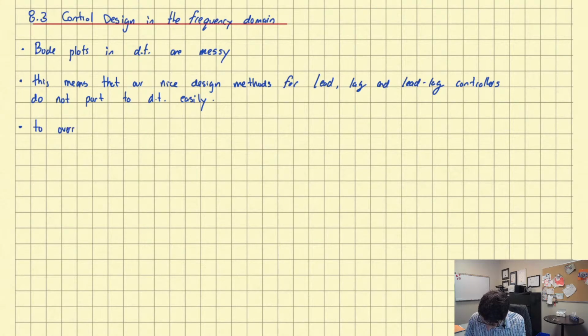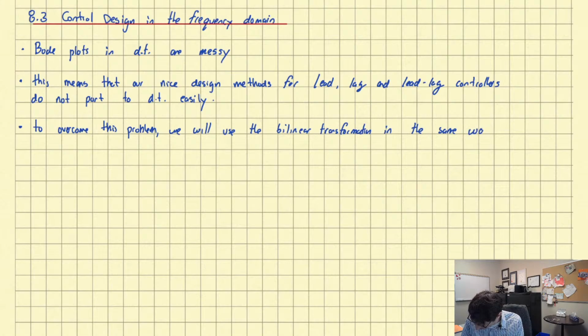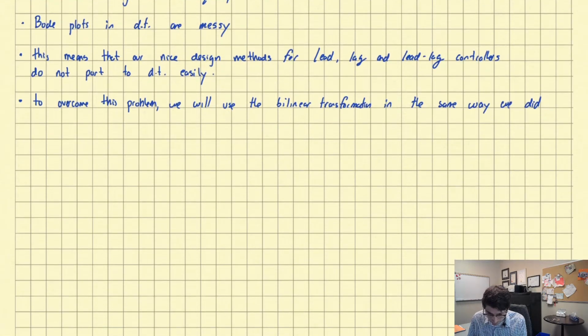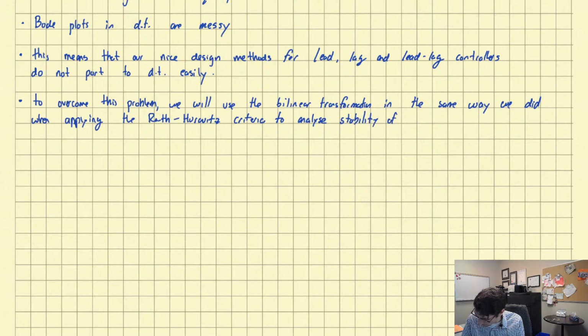So to overcome this problem, we will use the same approach. We'll use the bilinear transformation, in the same way we did when applying the Routh-Hurwitz criteria to analyze stability of discrete time systems.